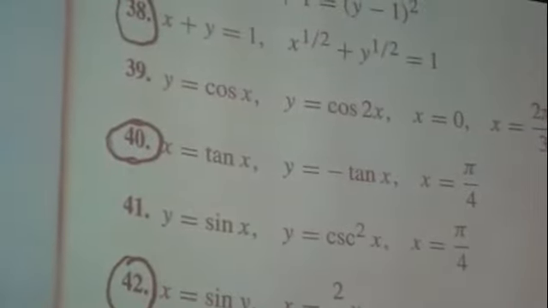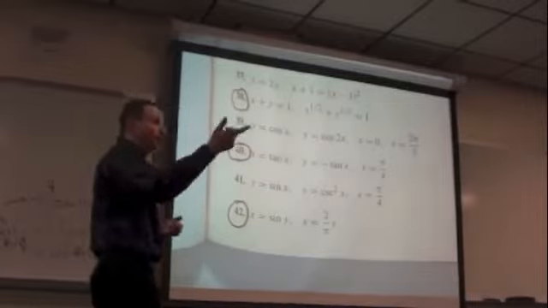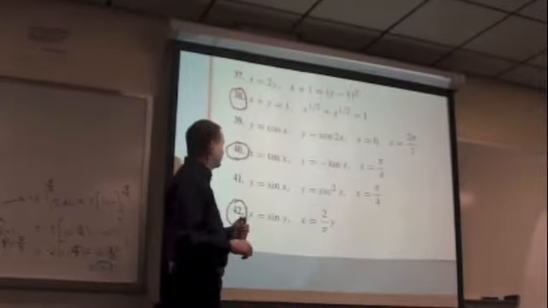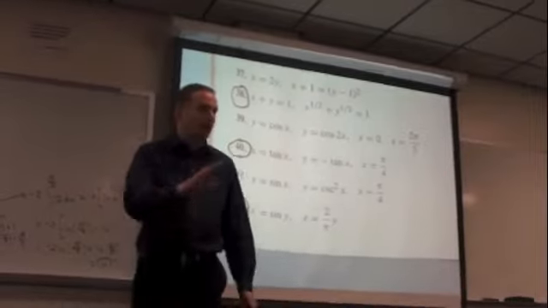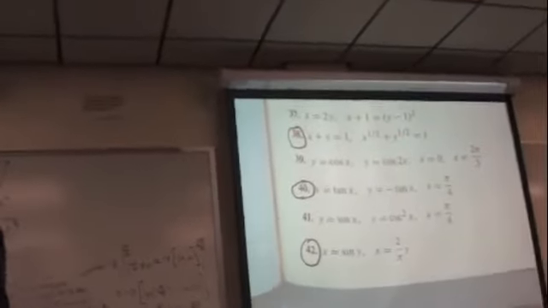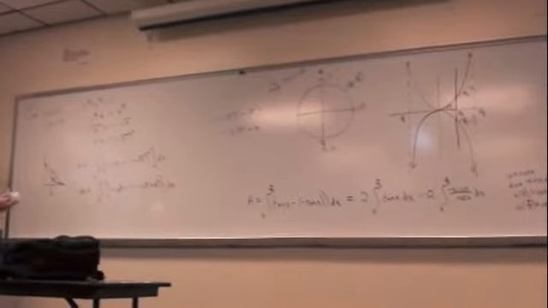I promise you, it's supposed to be y equals tangent x and y equals negative tangent x. If they wanted to put it as a relation, they would have said x equals tangent y. They don't want x equals tangent x, I promise. It's a Rogowskiism.